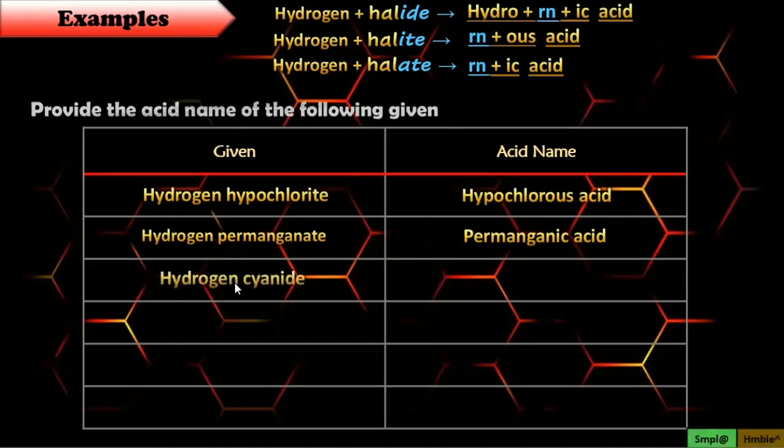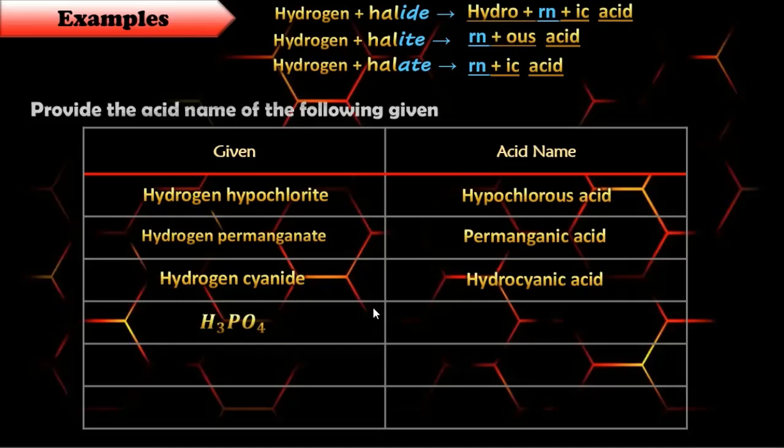Third example, we have hydrogen cyanide, which ends with IDE. Therefore, we have hydro plus the root name of the anion cyanide, which is cyan, plus IC. So the answer is hydrocyanic acid.